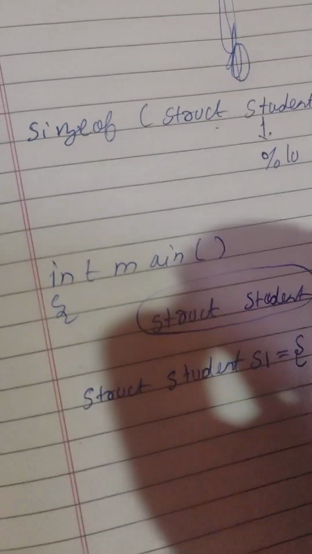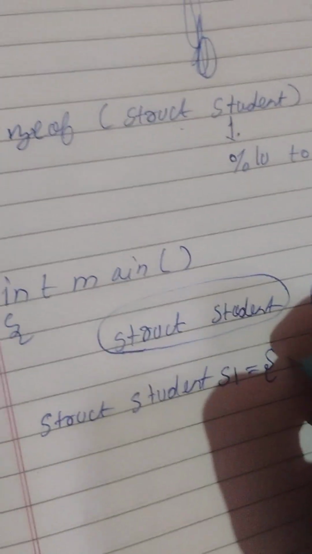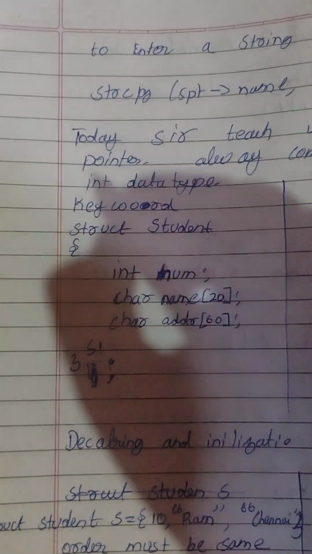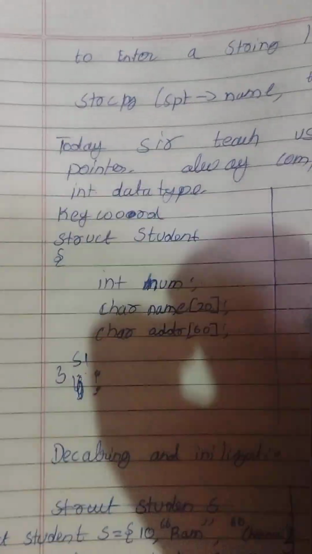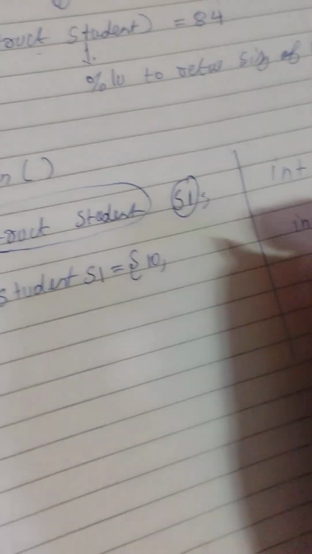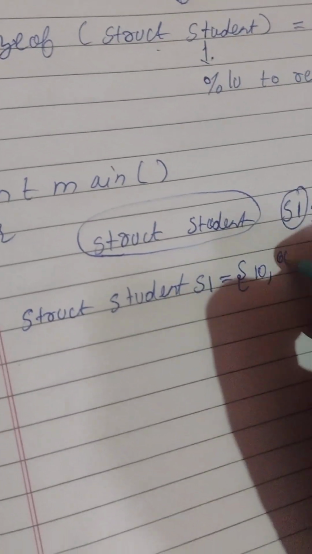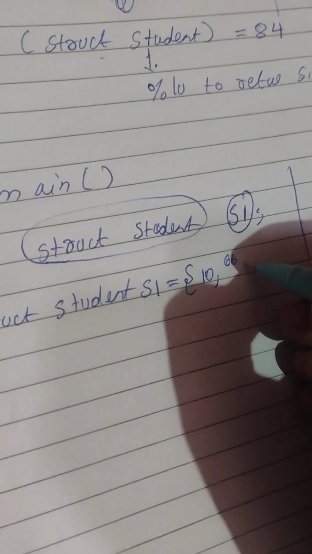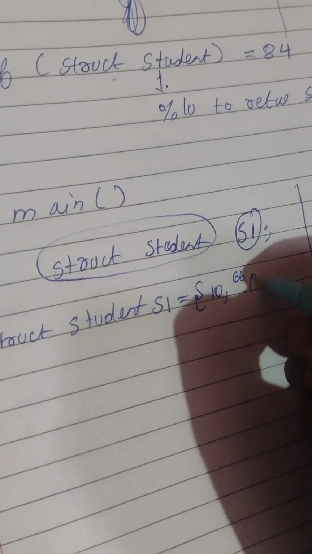First I need to give the input as an integer. The integer is 10. Second, I need to give the input as a string. How can I declare a string? Write a string in double quotation marks. Just consider Ram.